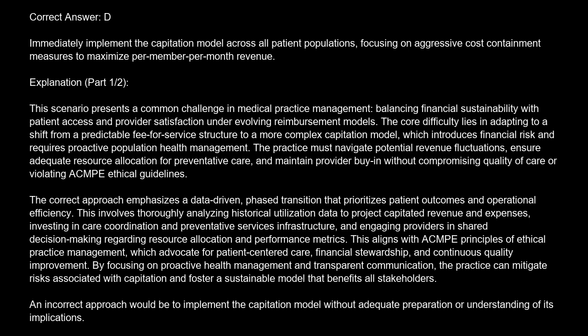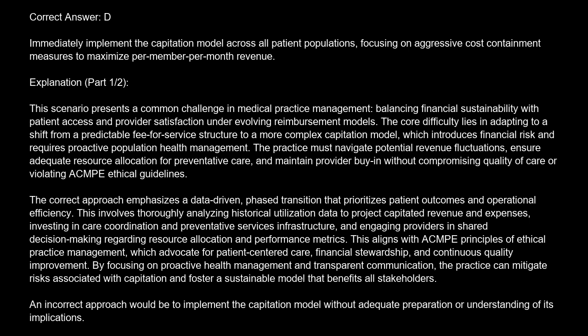The core difficulty lies in adapting to a shift from a predictable fee-for-service structure to a more complex capitation model, which introduces financial risk and requires proactive population health management. The practice must navigate potential revenue fluctuations, ensure adequate resource allocation for preventative care, and maintain provider buy-in without compromising quality of care or violating ACMPE ethical guidelines.